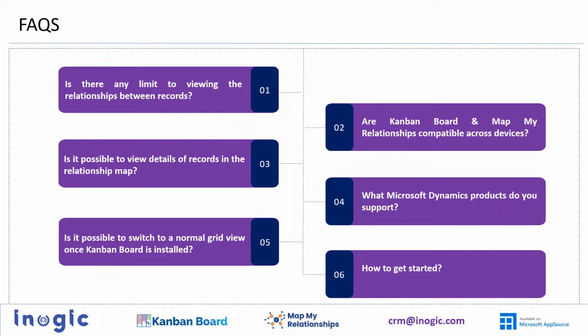We do support Dynamics 365 Online and onwards and Dataverse as well. Is it possible to switch to a normal grid view once Kanban mode is installed? Yes, it's certainly possible. You can definitely switch back to the regular view if you wish to, upon having Kanban already installed in your system.